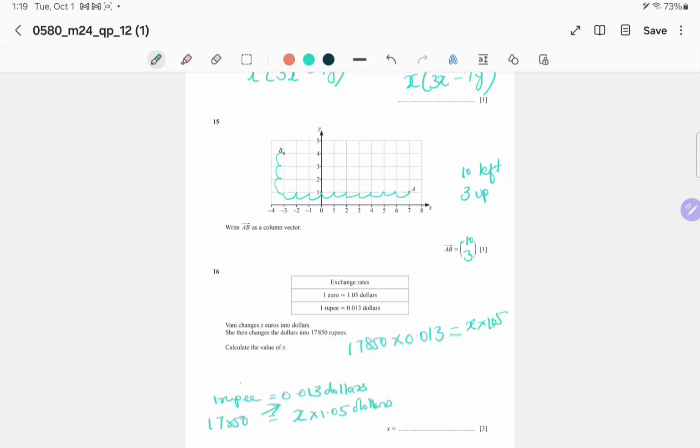So 17 into 0.013 is equal to 221, which is equal to X into $1.05. Now to get the answer, divide both sides by 1.05. Here it gets cancelled, 221 divided by 1.05, which is equal to how much are you getting as the answer?